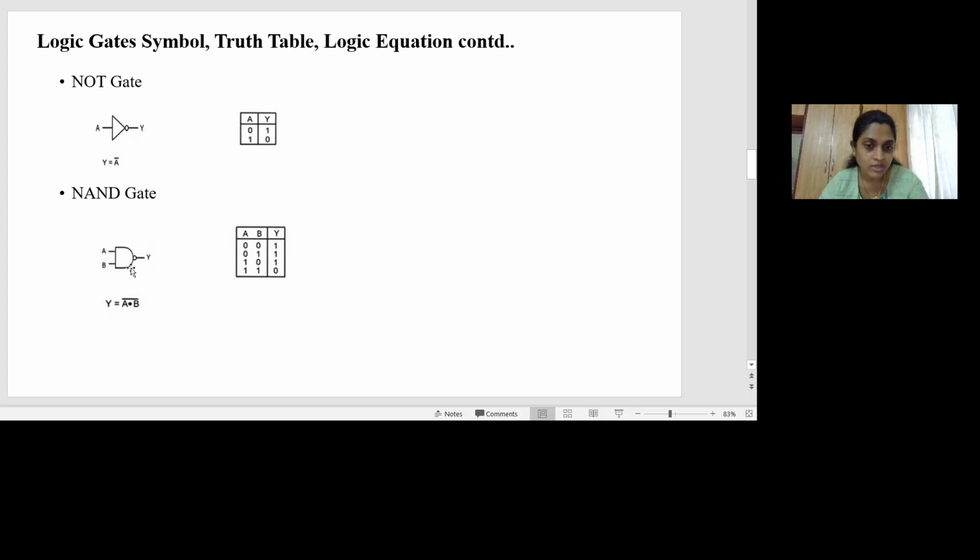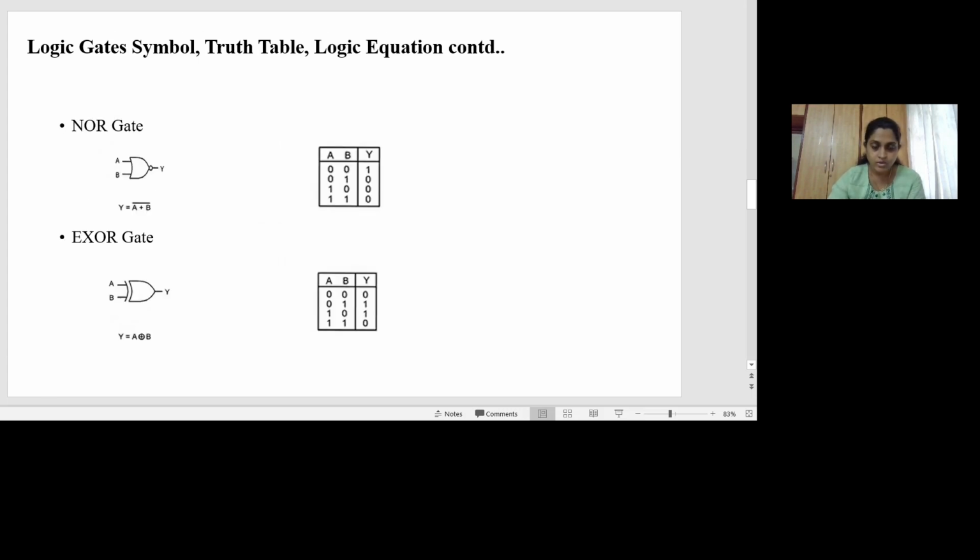Bubble means first we obtain the AND operation of two input variables, and after that, the result is inverted using NOT. So in the symbol, the output y is bubbled. Bubbled means whatever output we get from the AND gate will be inverted.